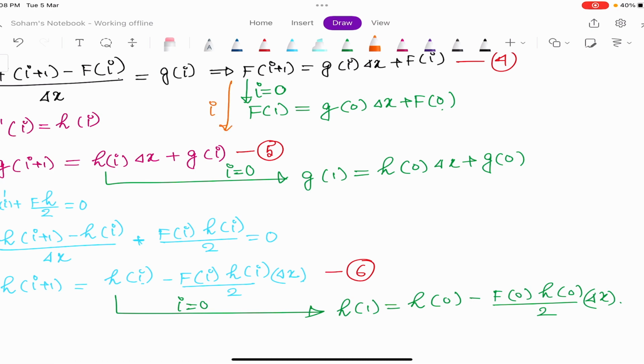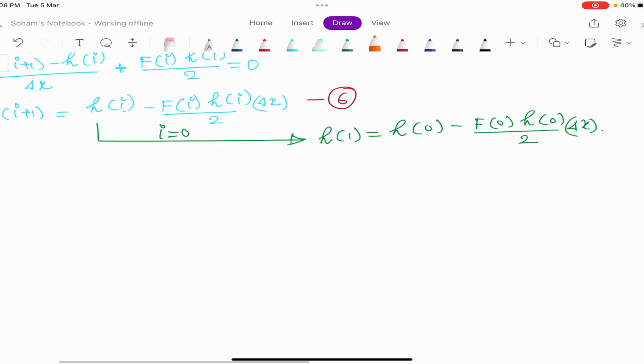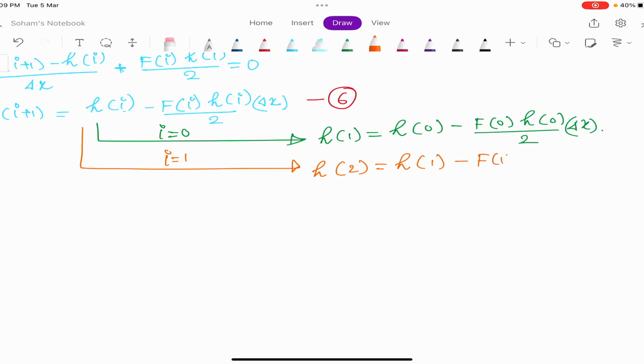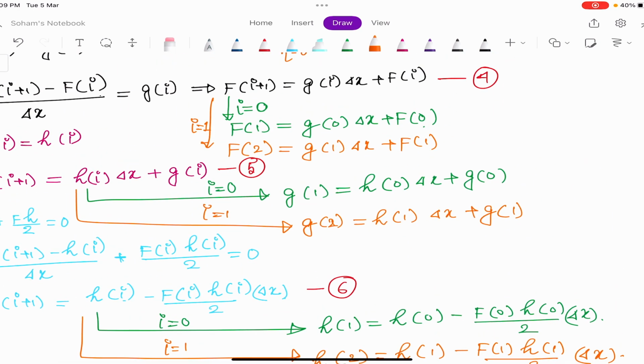Similarly, we get f of 2 equal to g of 1 delta x plus f of 1, g of 2 equal to h of 1 delta x plus g of 1, and h of 2 equal to h of 1 minus f of 1 h of 1 by 2 delta x. If there is any mistake in the algebra, please correct it, but more important is to know the solution philosophy.